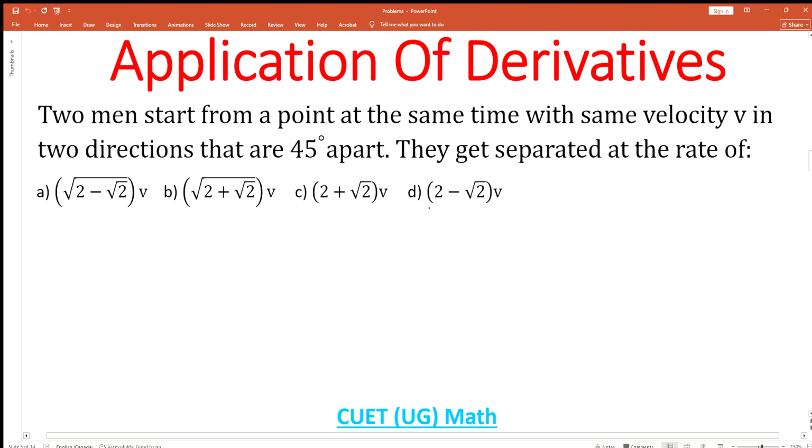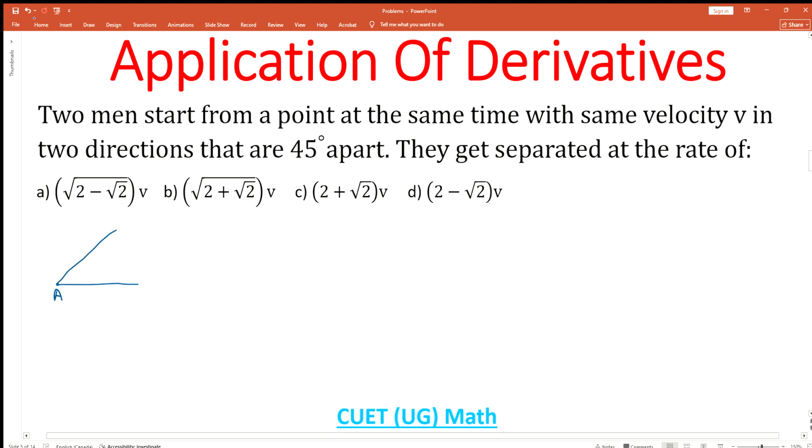The first step is to draw a diagram for this problem. Let's assume the two men start at point A. They go in directions that are 45 degrees apart. Let's assume one of them goes in the horizontal direction to the right side. The other one goes at an angle of 45 degrees in the counterclockwise direction.